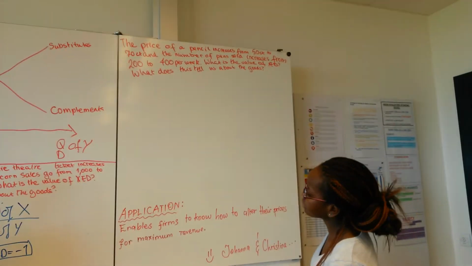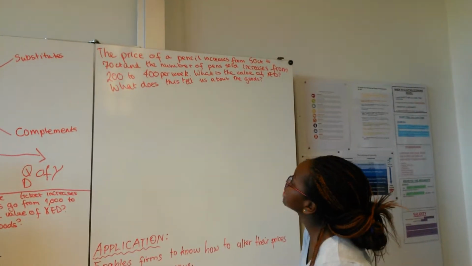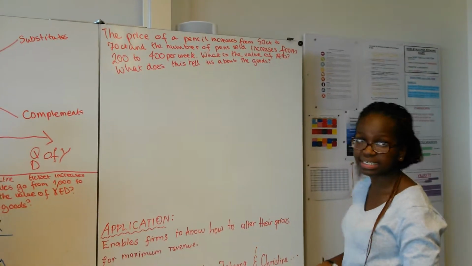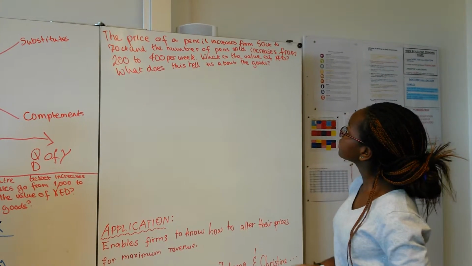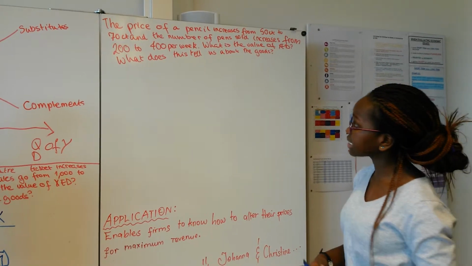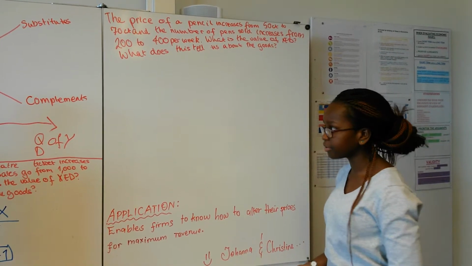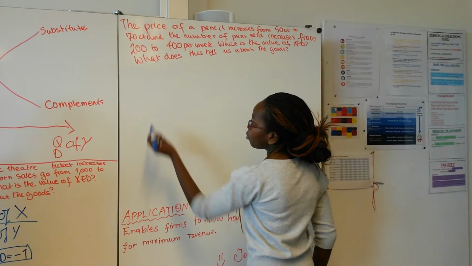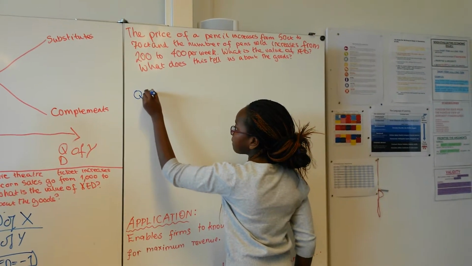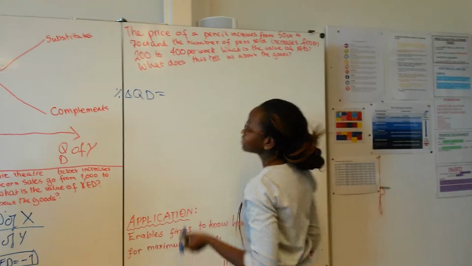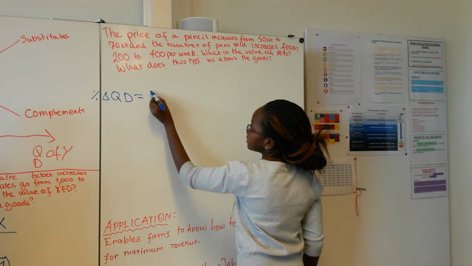Another example of this type of question is: the price of pencils increases from 50 cents to 70 cents, and the number of pens sold increases from 200 to 400 per week. What's the value of the XED, and what does this tell us about the goods? As we said before, you use the same formula. The percentage change in QD, if you calculate it, is very simple math, you get 50%.